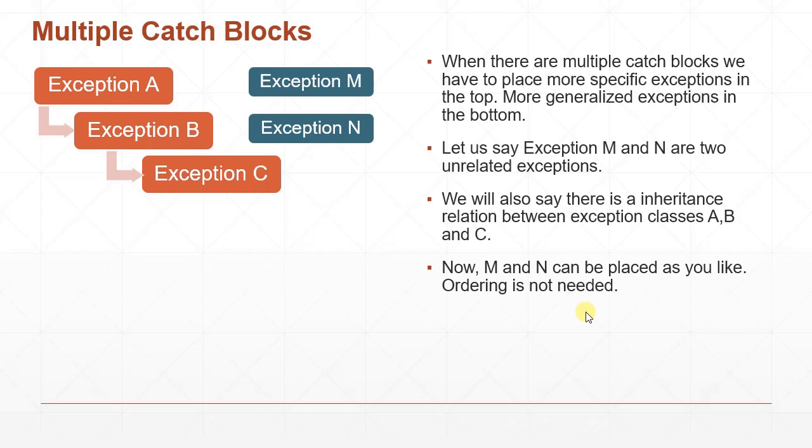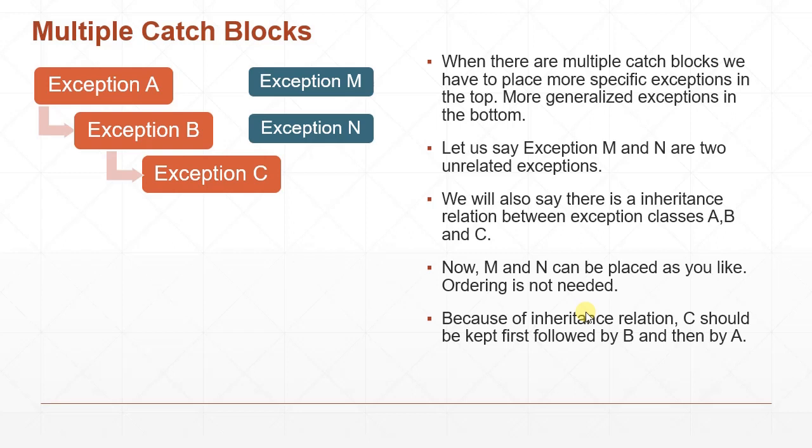Once again, M and N are independent classes. They don't have any relation with the 5 classes whatever you are seeing here. M is not in relation with N, nor with A, B, C. Same goes for N. N is not in relation with M and the classes A, B and C.